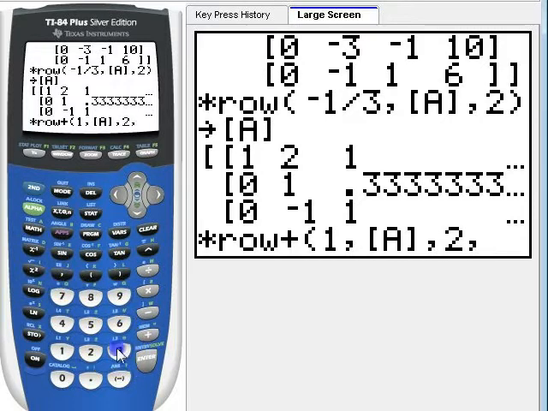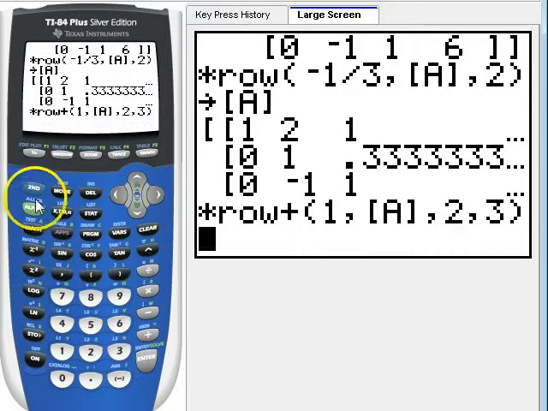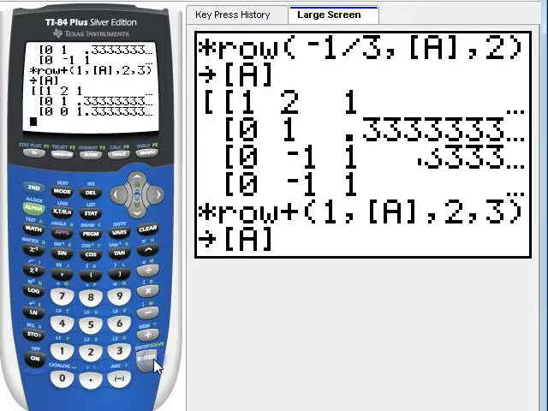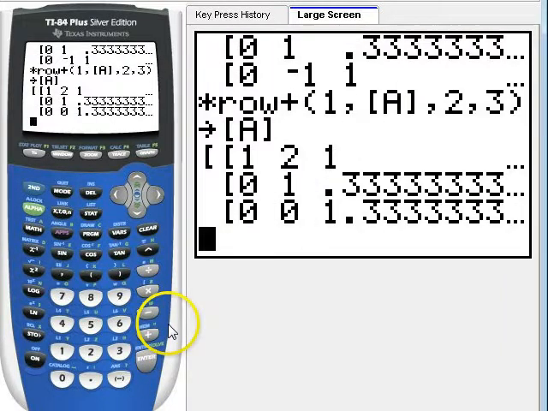Add the whole thing to row 3 and store that into matrix A. And just like that, it is in upper triangular form. Up here where the computer did it, oh no, I don't have where the computer did it, but they often turn this number into a 1 when they do what's called row echelon form.